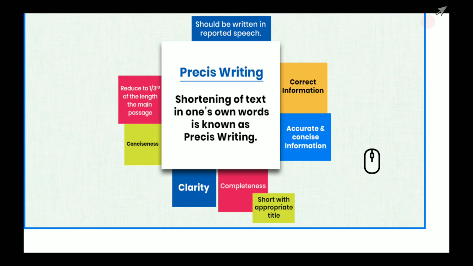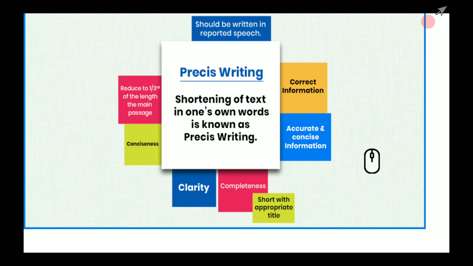Now the next part is précis writing. What is précis writing? Shortening of text in one's own words is known as précis writing. Even in précis writing, you have to shorten the text in your own words. It should be written in reported speech. Reduce the length of the passage by 1/3.